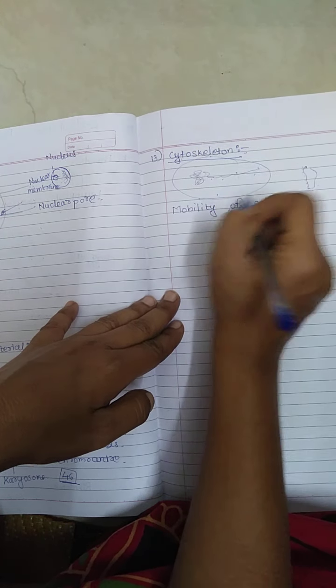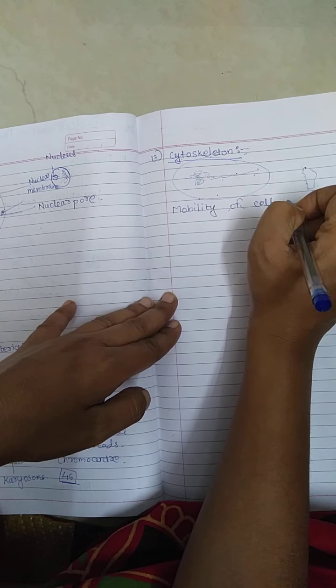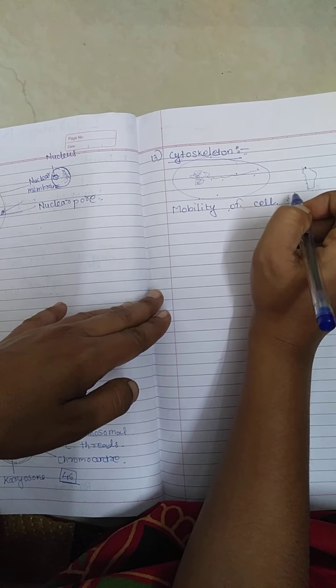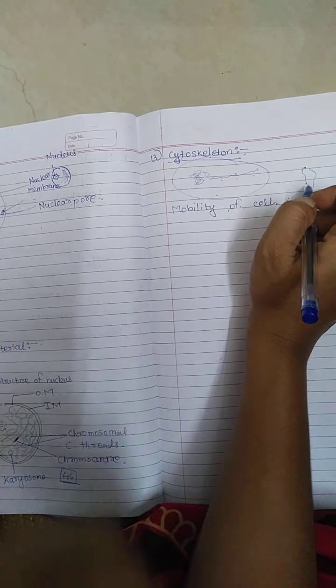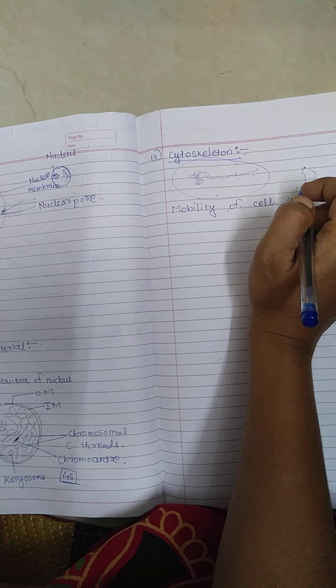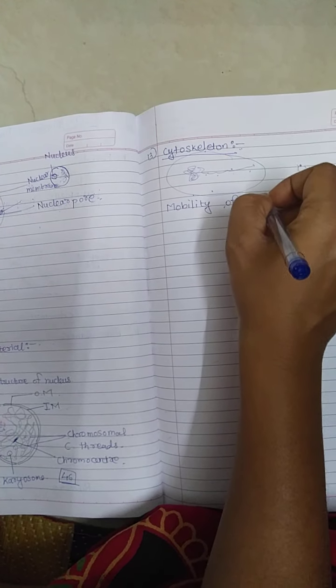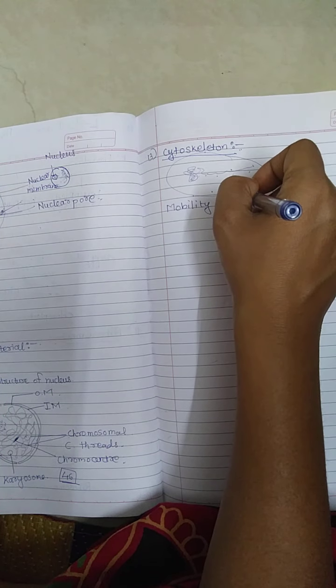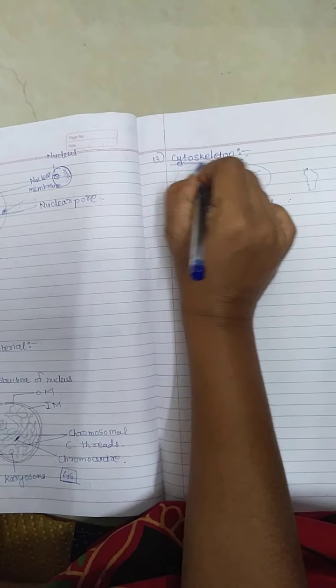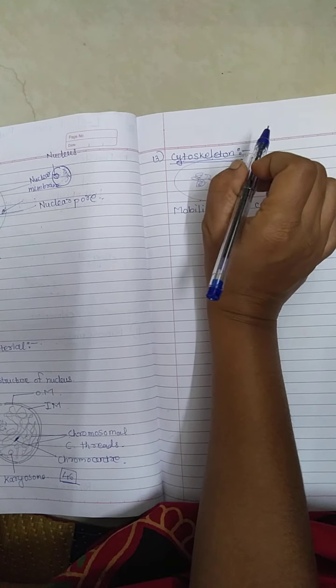So for the mobility of the cell, microfibrils are present. Also in the change of cell shape or for cell division, the cytoskeleton plays an important role.